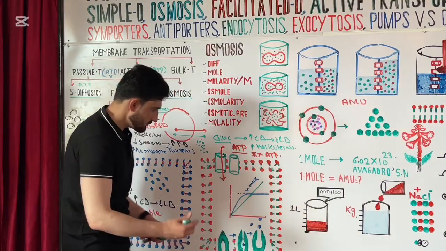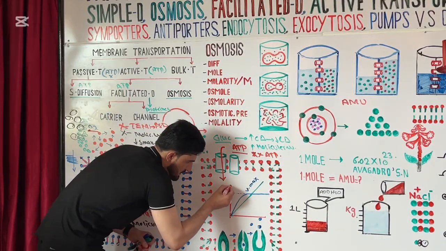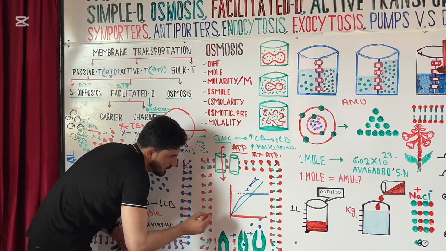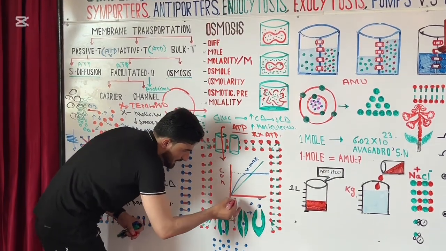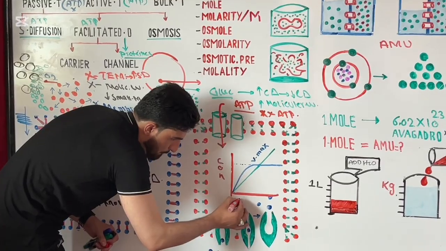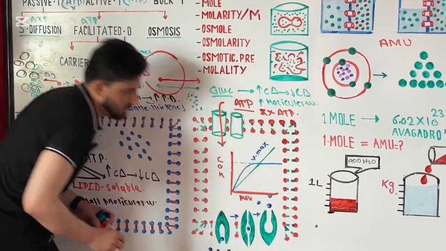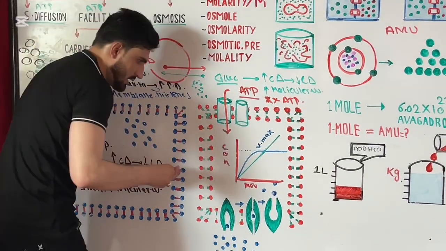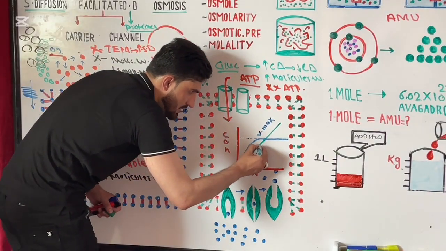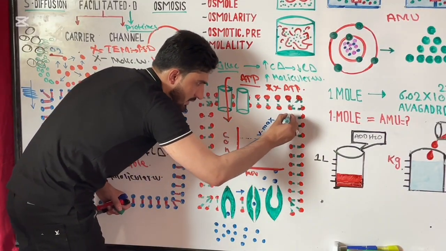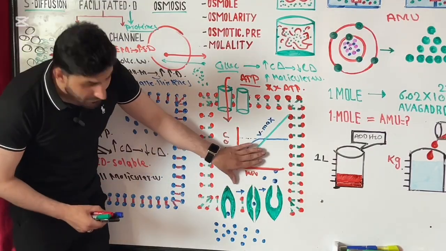Why? Here is a graph, okay. For example, here is concentration, and here is movement or diffusion of substance. In simple diffusion, as concentration increases, movement of substance also increases, okay.